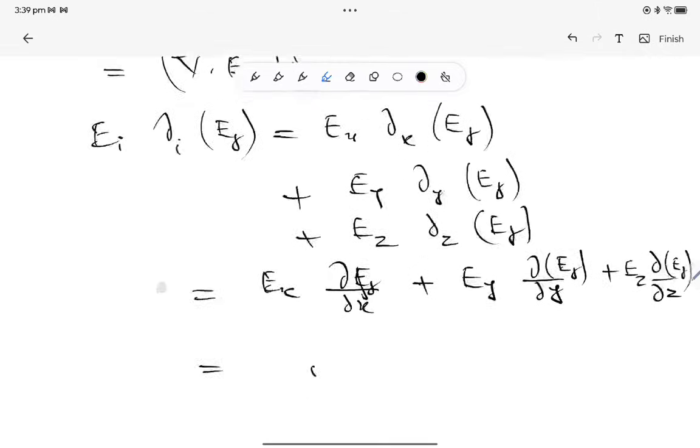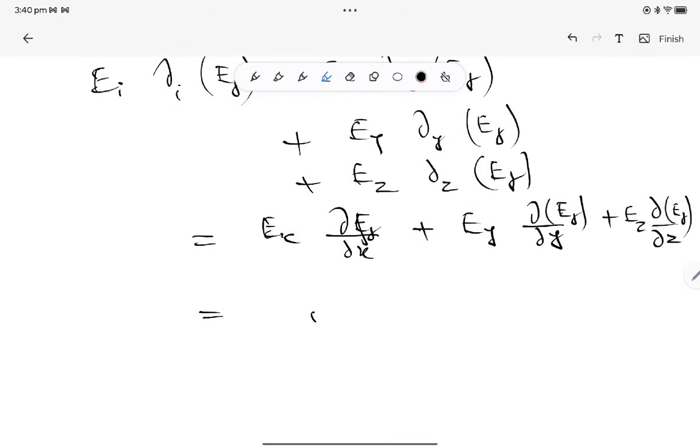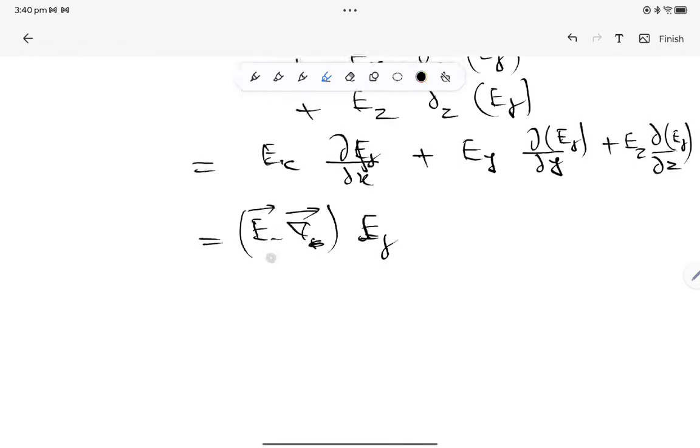If you recognize it, this is simply E dot del, with j taken out, E dot del acting on E_j. How can you check it?